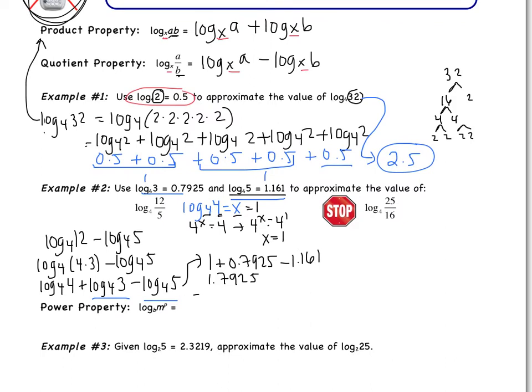I'm subtracting 1.161. 5 subtract 0 is 5. 2 subtract 1 is 1. 9 subtract 6 is 3. 7 subtract 1 is 6. 1 subtract 1 is 0. So here's my answer. This whole expression just becomes 0.6315.